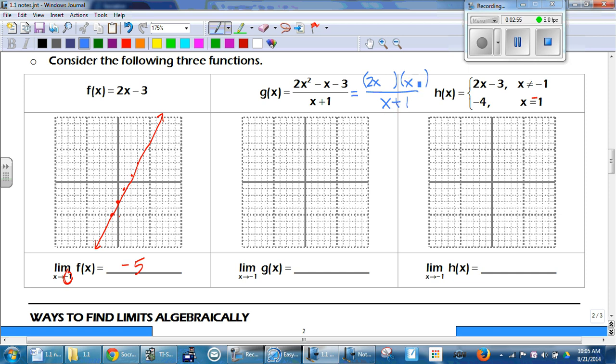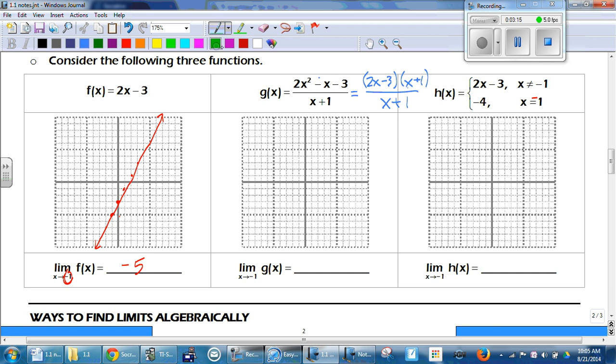So I'm guessing this one's probably going to be a positive 1, which would have to make this a -3 in order for these to multiply to give us -3. But I can check just to make sure before I just assume that's the answer. -3 times x, we get -3x. 1 times 2x, we get 2x. If you add those up, we get -x. So that does work out right.